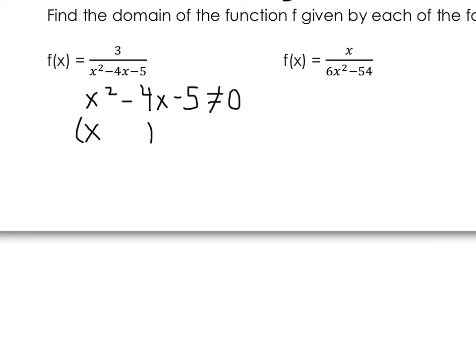We can factor this. X minus 5, x plus 1. So now we set the individual factors not equal to 0.